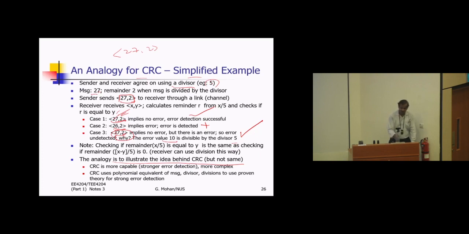Note that this is the same as 27 divided by 5, remainder 2. This is the question the receiver will ask, right? This is the same as 27 minus 2 divided by 5, remainder 0. Both questions are correct, correct?